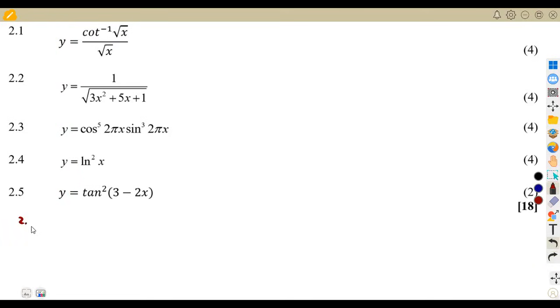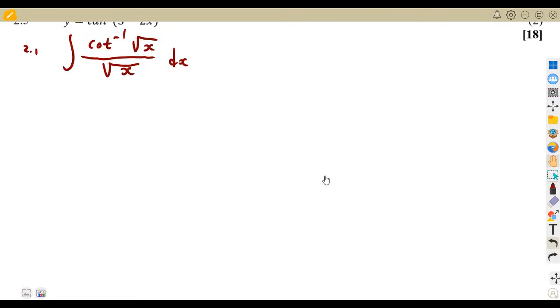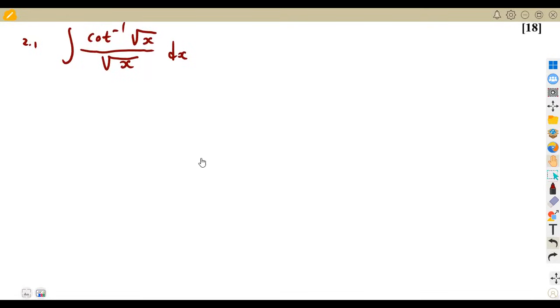So the first question, 2.1, is the integral of arc cot of the square root of x over the square root of x with respect to x. Let's think along the lines. What can we do?